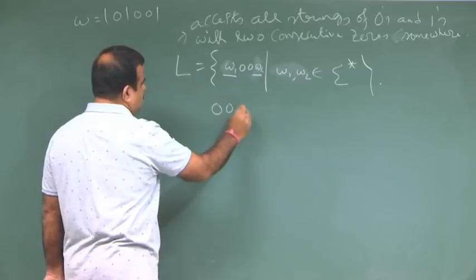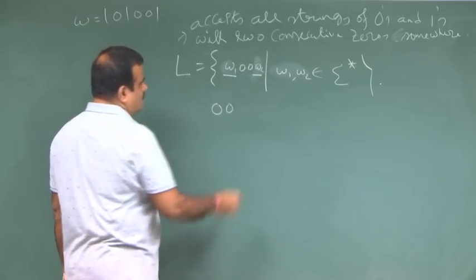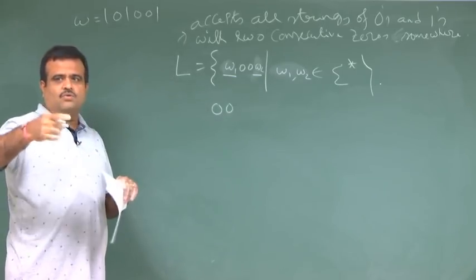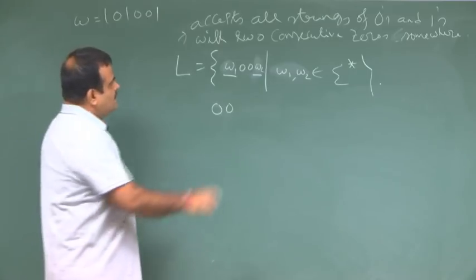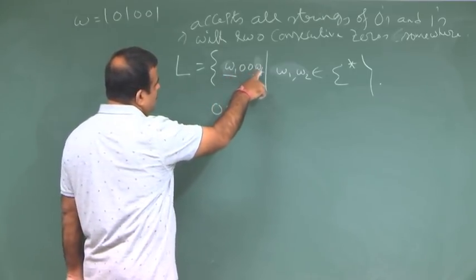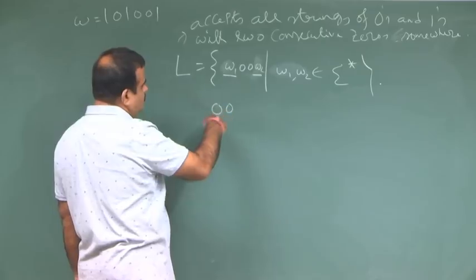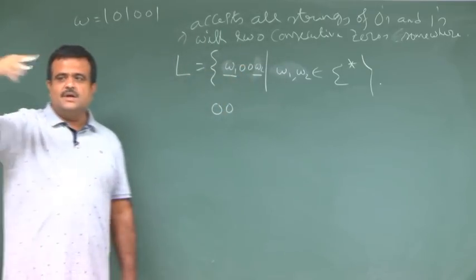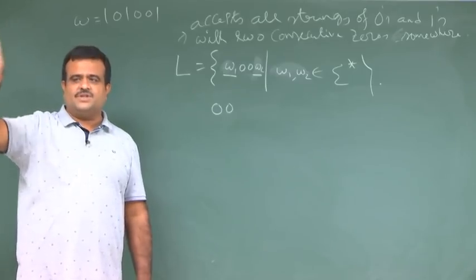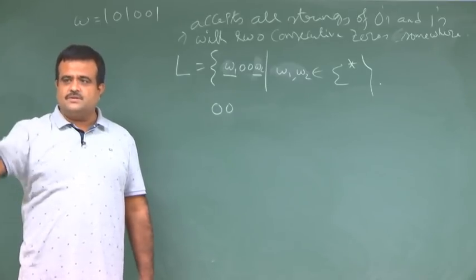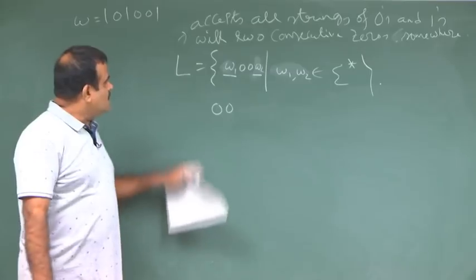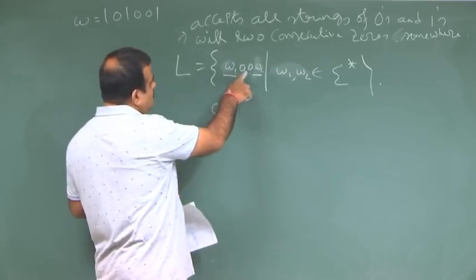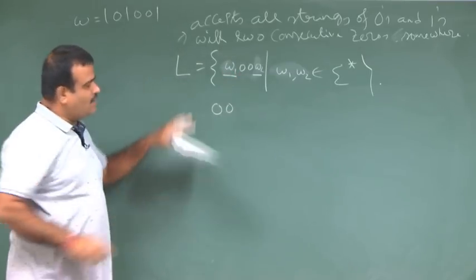It could be, if W1 is epsilon and W2 is epsilon, this is 0 0, and 0 0 is accepted, because we start from A, go to B, go to C. Now, it does not matter what follows: if we reach 0 0, then any string, it will keep on hopping there, because in C we are in the same state for any input, if it is 0 also C, 1 also C. Now, if it is 1 0 1 or 1 1, this is the way we can write this.